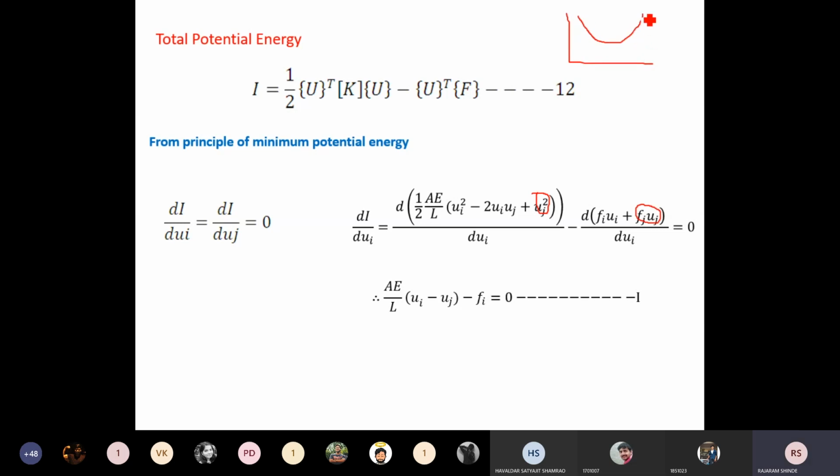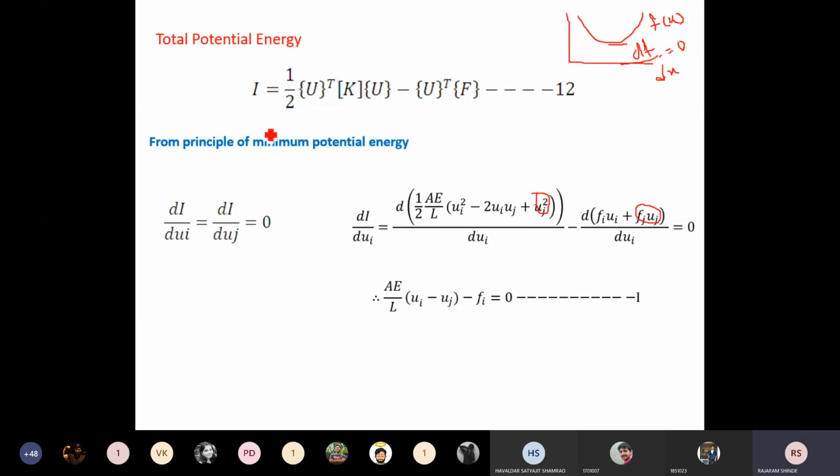If this is a function f of x, when it has its minimum value at this location, the tangent to this function is 0, meaning df by dx equal to 0.